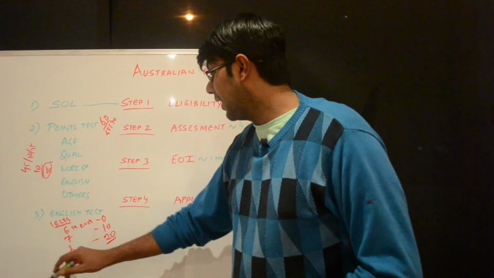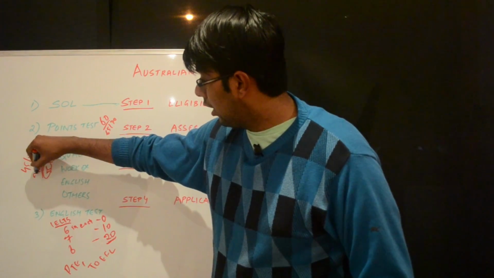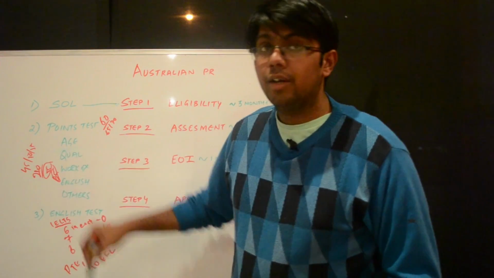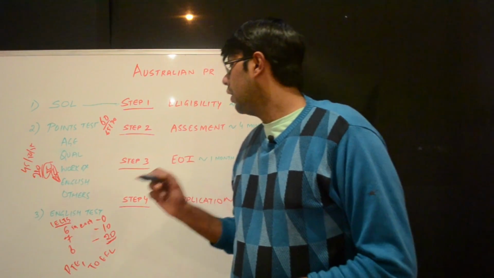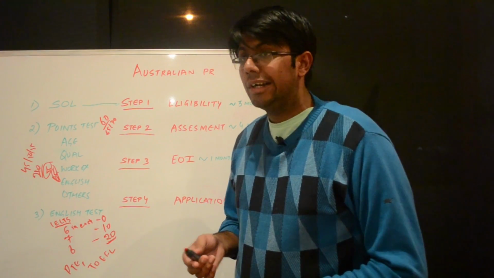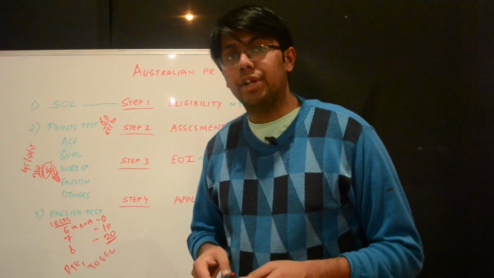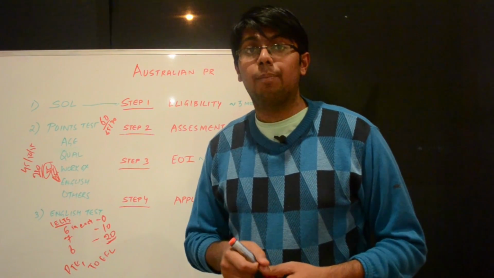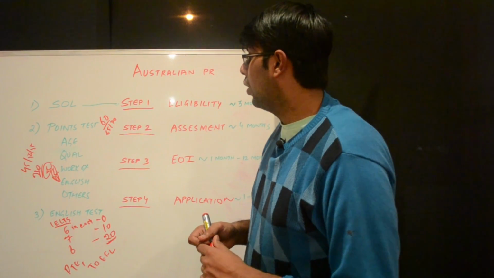But if you get 8 in each in IELTS, you get 20 points, which means your points become 65, which means you are now eligible for the PR, and you exceed the minimum points that are required, which means your English test is going to play a big role in your PR.